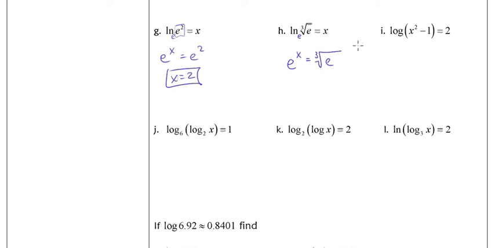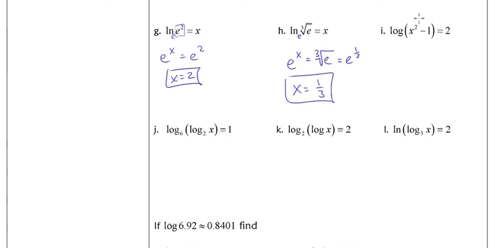The cube root of e is the same thing as e to the 1/3, so remember your fractional exponents. And if e to the 1/3 is equal to e to the x, what does x have to be? Well, x has to be 1/3.